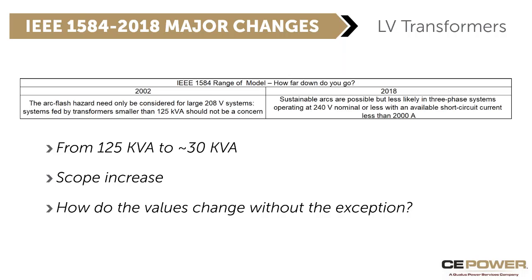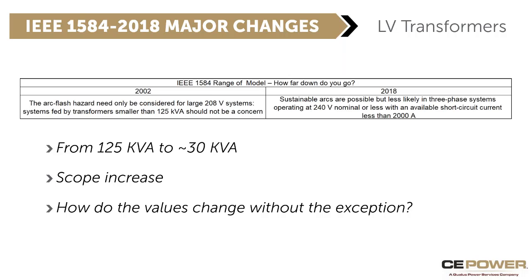And then when you start getting above that, you're probably going to have to model it and analyze that individually to see how the results change. And so naturally, the commercial implication here is that this is a scope increase, whereas before we could get away, so to speak, with not modeling transformers 125 kVA or below. Now maybe that number's gone down to 30 kVA or so.